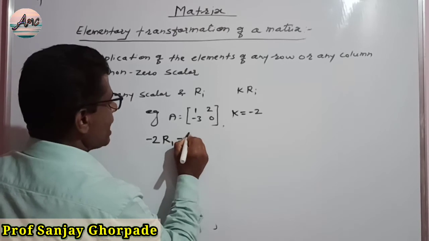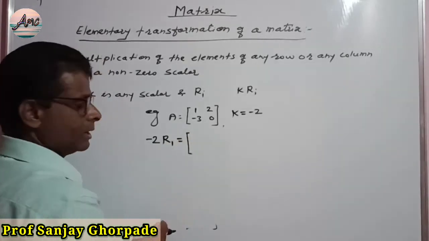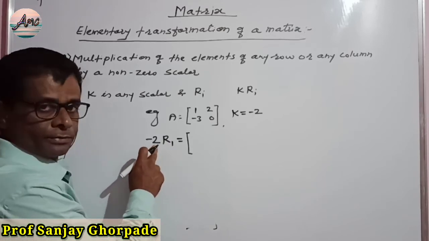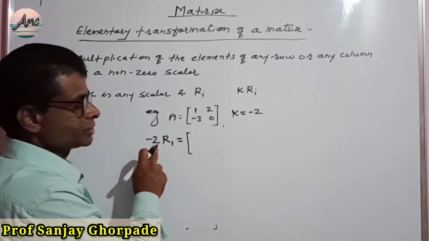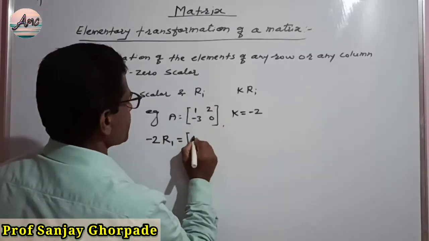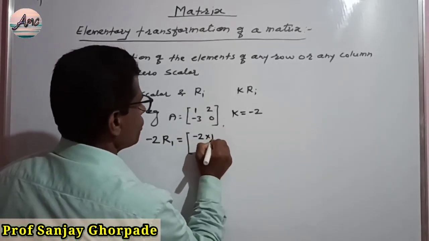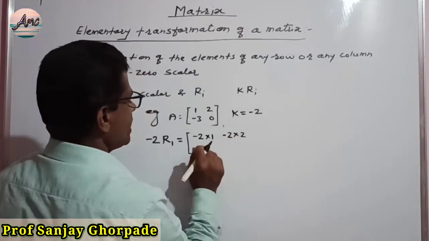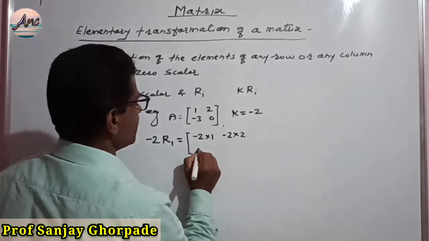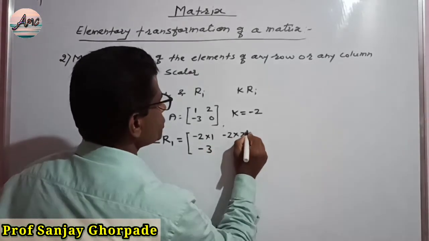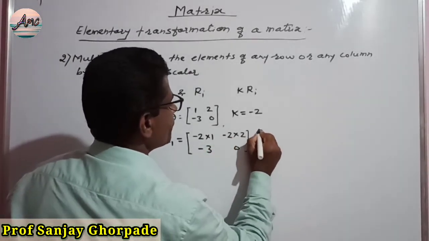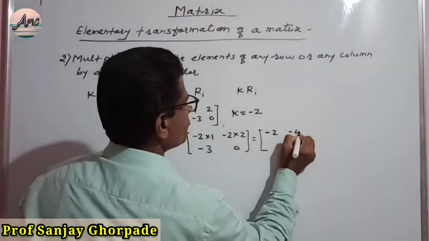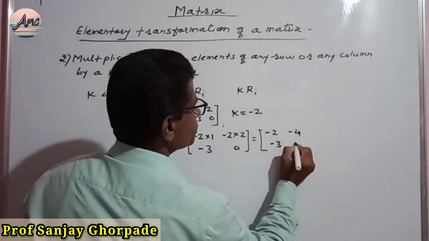So the first row can be written as minus 2 into 1, minus 2 into 2, whereas the second row will remain as it is, minus 3, 0. So further it can be written as minus 2, minus 4, minus 3, 0.